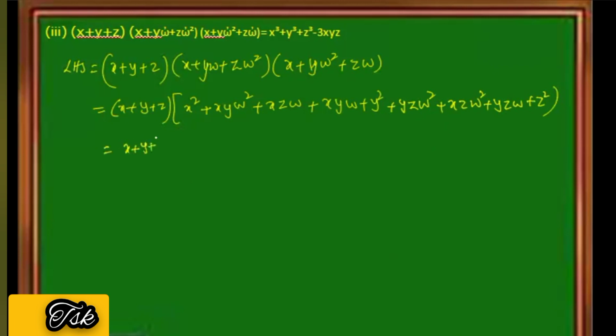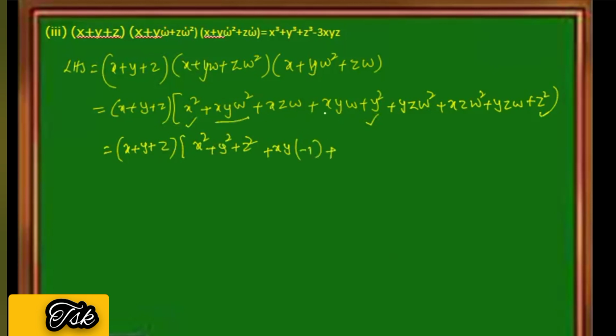So it is (x plus y plus z) into (x square plus y square plus z square), I wrote these 3 terms. And the next, xy: if you take xy common, that is omega plus omega square, that is minus 1.